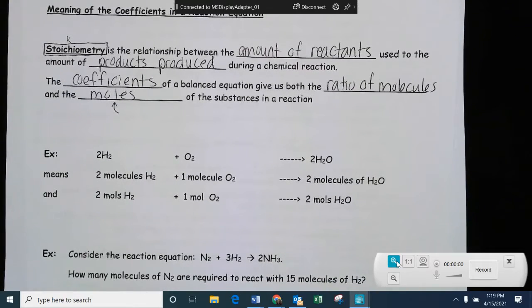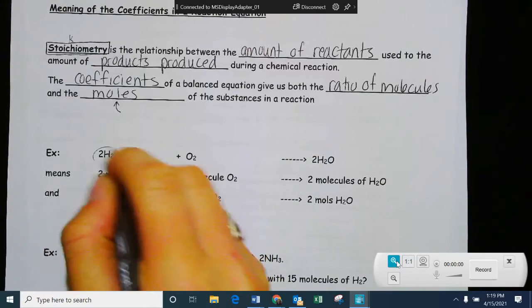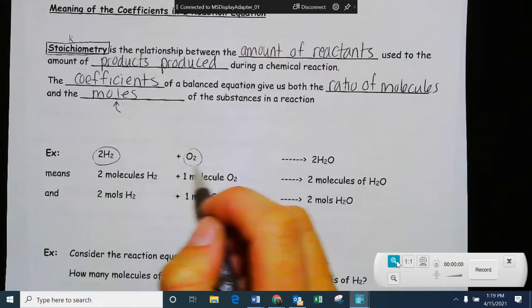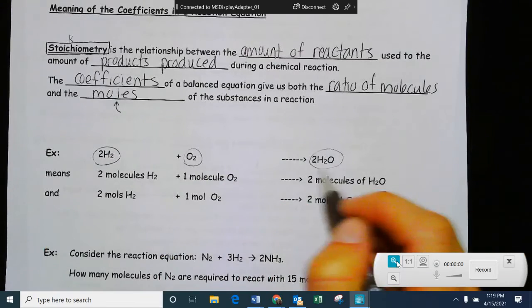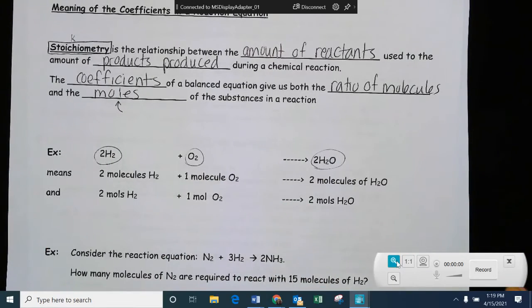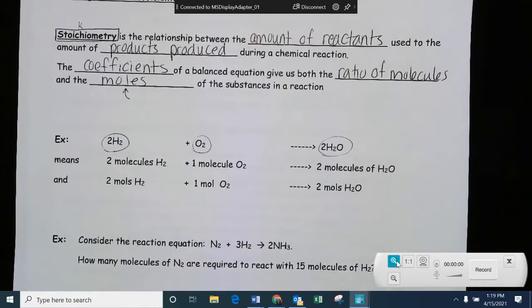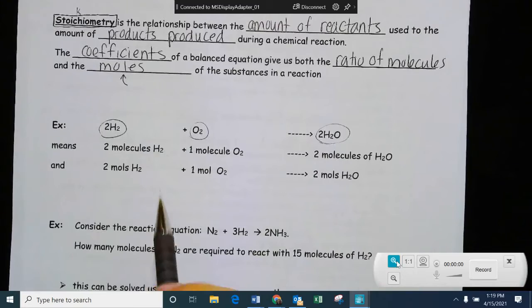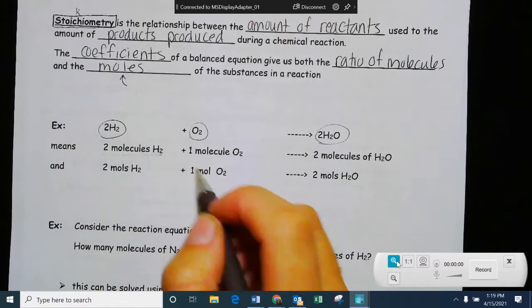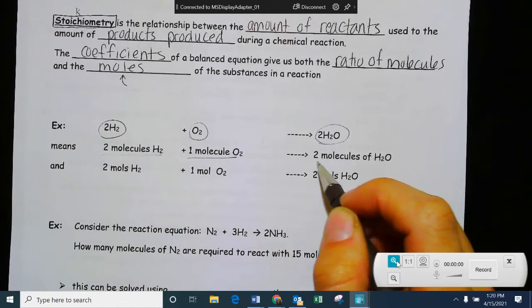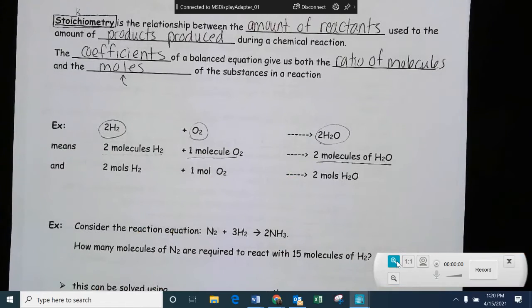Okay, so an example of something that we might see here: 2 hydrogens plus 1 oxygen makes 2 water molecules. So if you take hydrogen gas and mix it with oxygen gas, you're going to get some water. That means 2 molecules of H2, 1 molecule of O2 goes to 2 molecules of H2O.